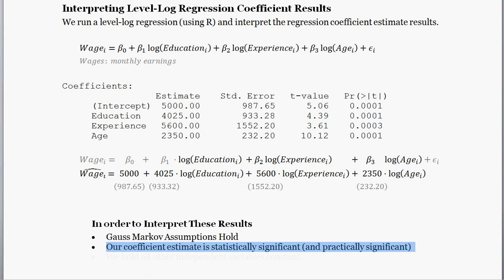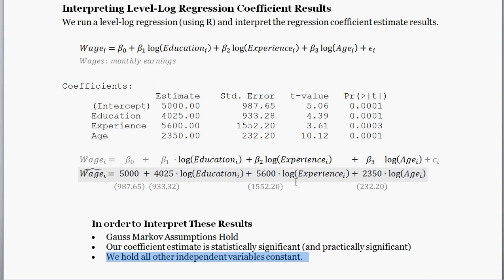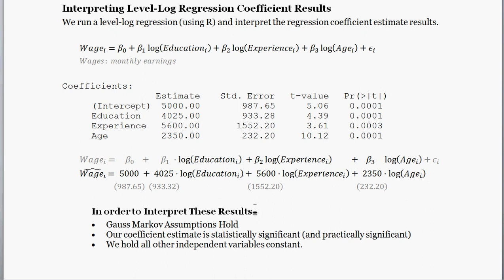As an example, suppose you've got an estimate that proves to be statistically significant, but the coefficient is so minuscule that you wouldn't really notice the effect in the real world. Then that's not practically significant. So let's say that these are both statistically significant and practically significant. Also, when we interpret our beta 1, we're assuming that the other independent variables, experience and age, are held constant. Okay, so with that notice, let's interpret beta 1.